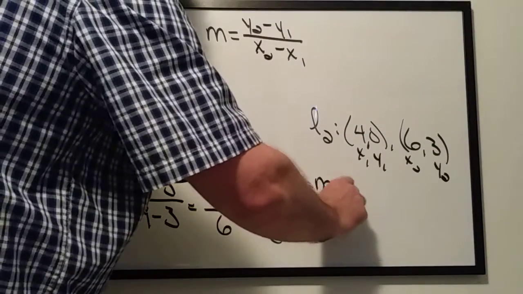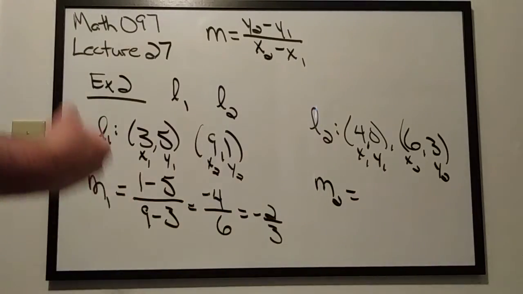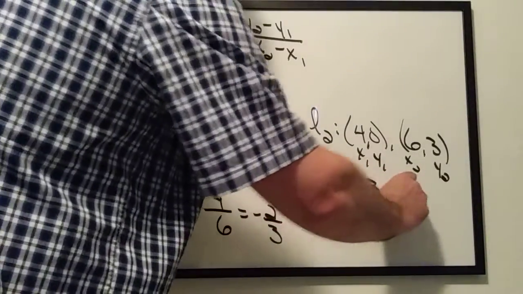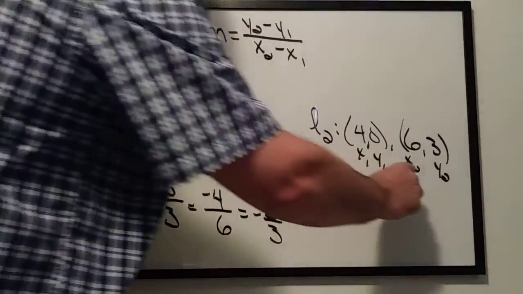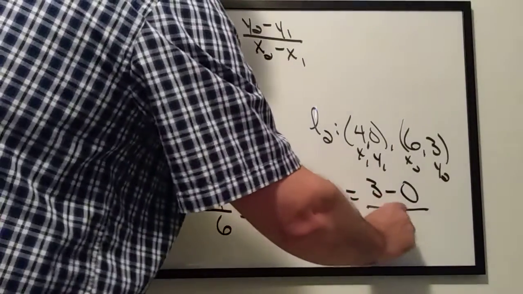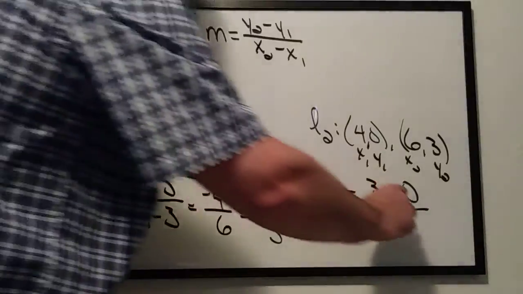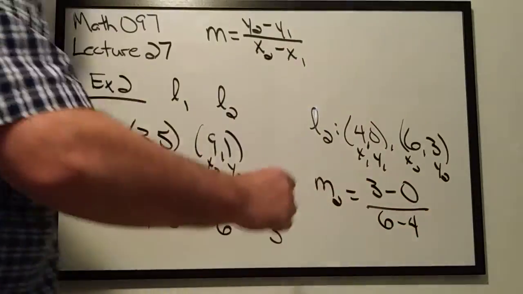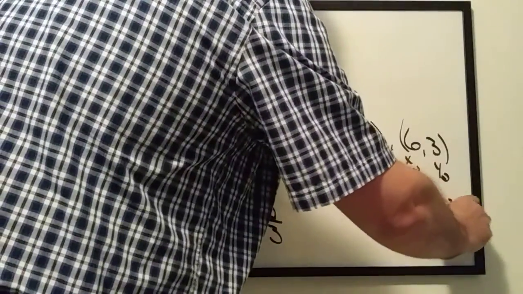The slope of line 2 then is going to be y2, which is 3, minus y1, which is 0, divided by x2, 6, minus x1, which is 4. 3 minus 0 is going to be 3, 6 minus 4 is going to be 2.